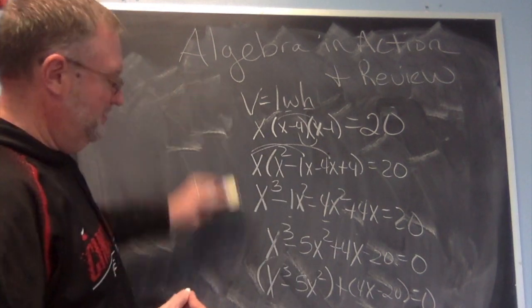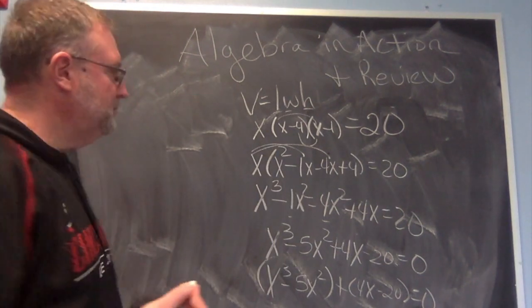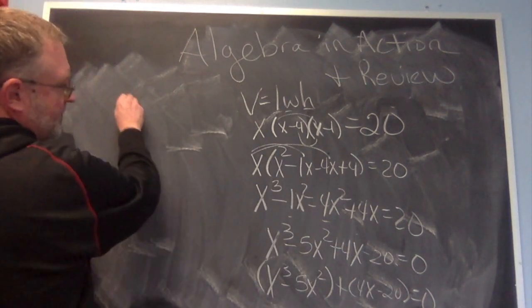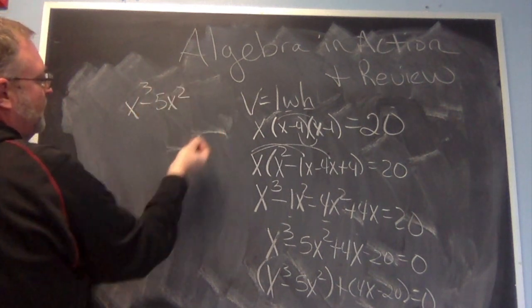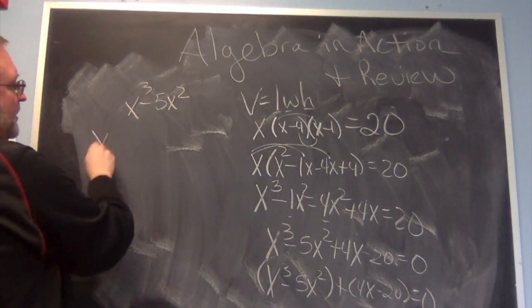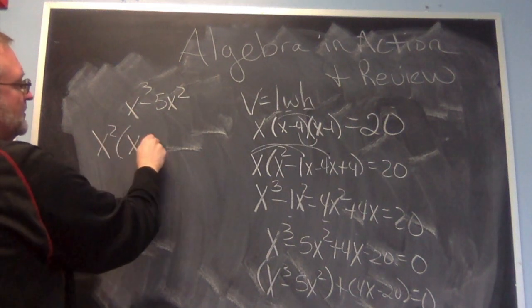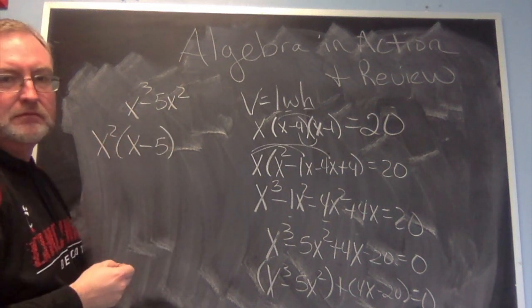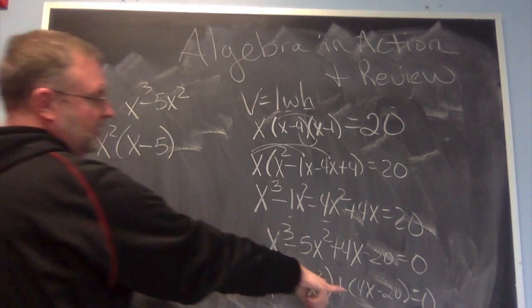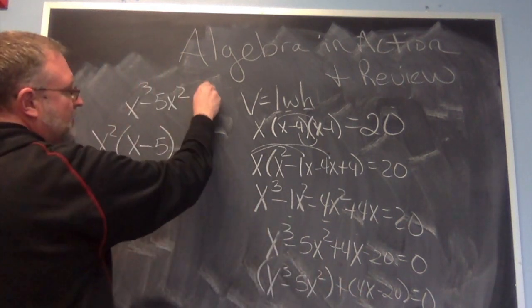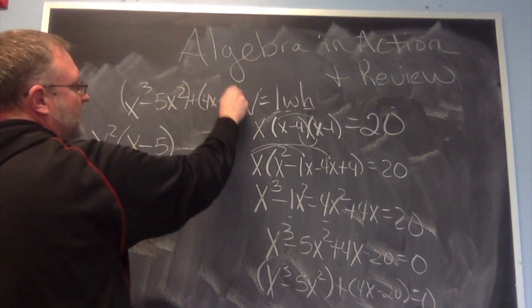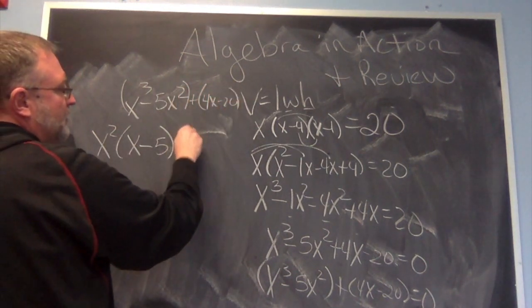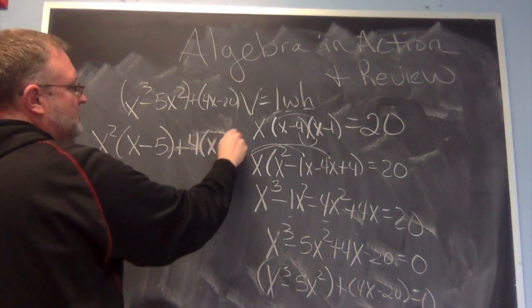These are awesome algebra problems. I have x cubed minus 5x squared. With that one, I'm going to factor out the x squared, which leaves me with x minus 5. On my other side down here, I had 4x minus 20. Obviously, I'm going to factor out the 4, which leaves me with x minus 5.